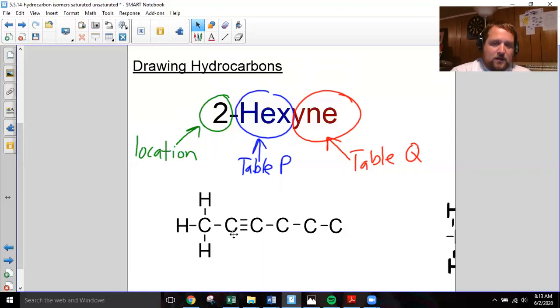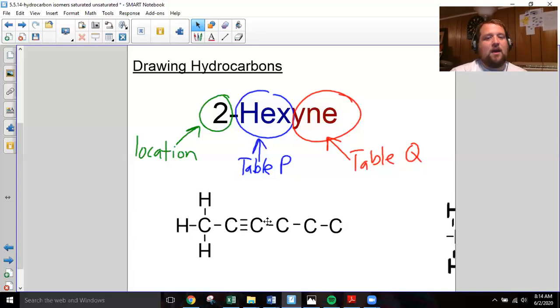Now the interesting thing is this carbon here next to it, because it's already made a triple bond to the carbon next to it, and it has another bond on this side to the other carbon, it's already made 4 bonds. It doesn't have any more room for hydrogens. So no hydrogens would go here, or on this carbon either. This one also has 1, 2, 3, 4 bonds.